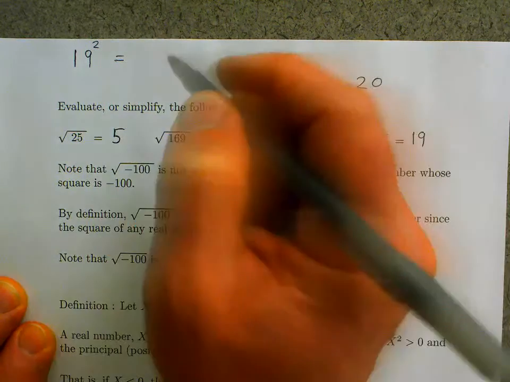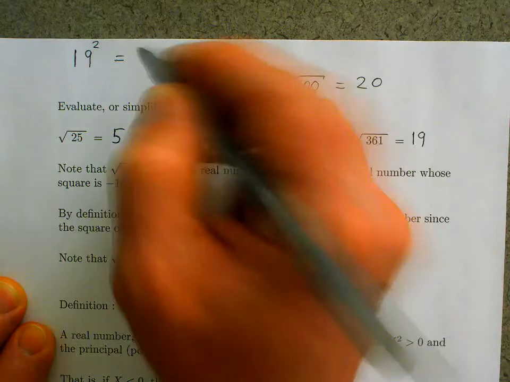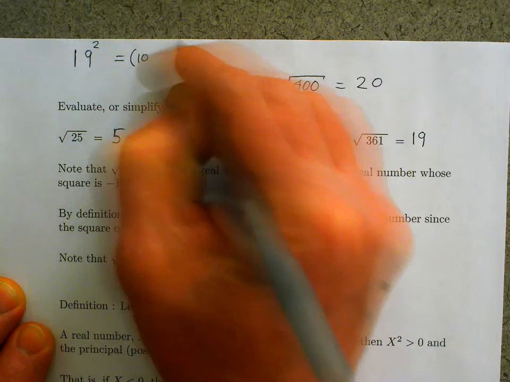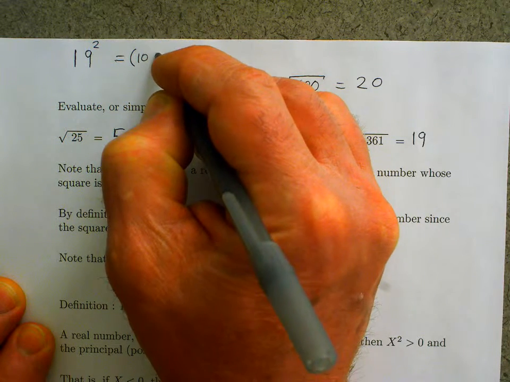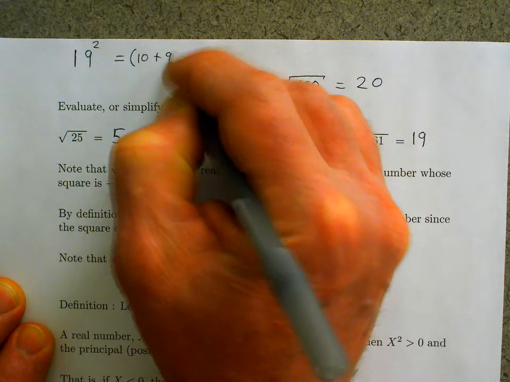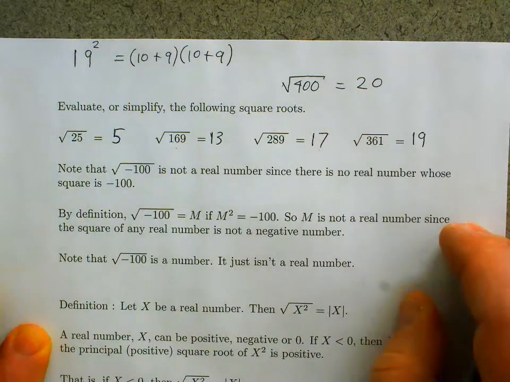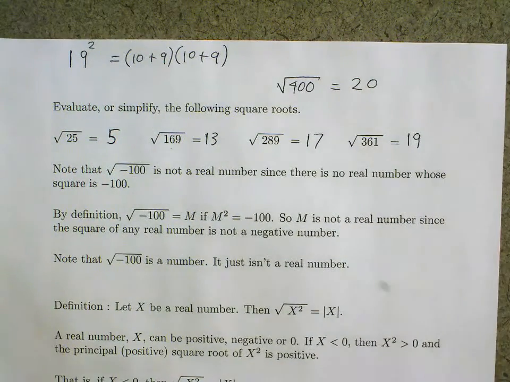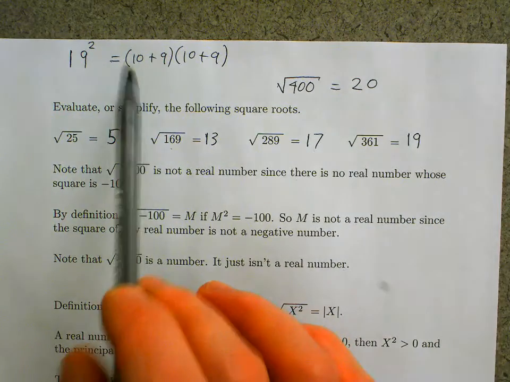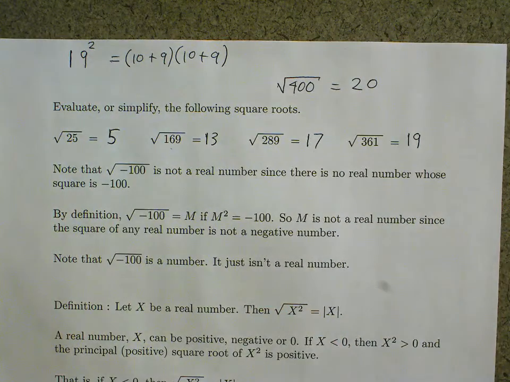Well, you can think of 19 times 19 as 10 plus 9 times 10 plus 9. So in your head, think of, okay, I have 10 plus 9 times 10 plus 9.